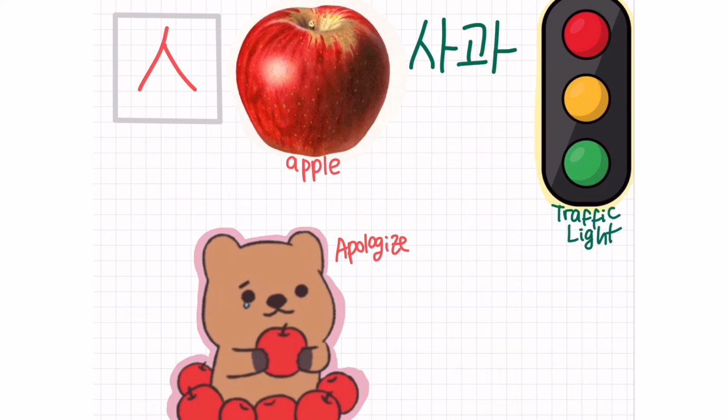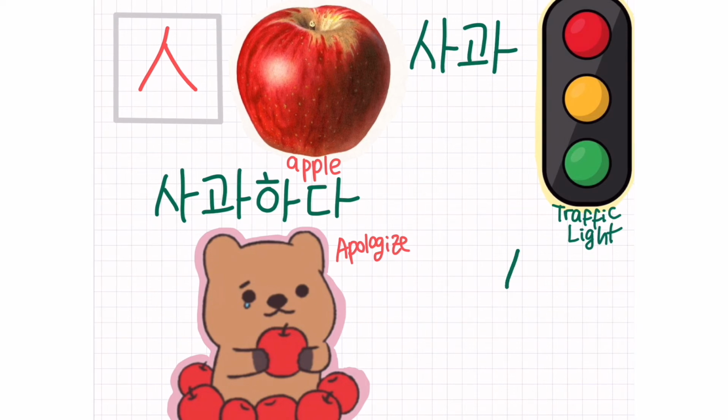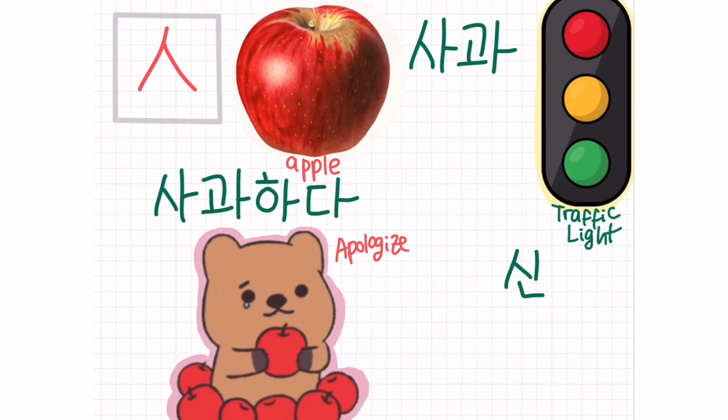Apologize, right? 사과하다. 사과, to apologize. Traffic lights, we say 신호등. 신호등. Please let me know after you try listening to this song.